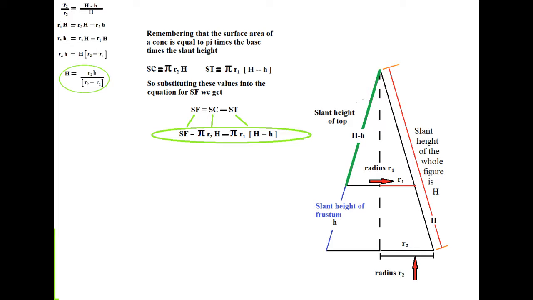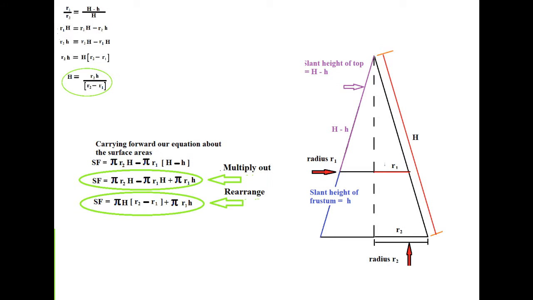SC is pi times R2 times big H, and ST is pi times R1 times big H minus small h, giving SF equals pi times R2 times big H minus pi times R1 times big H minus small h.